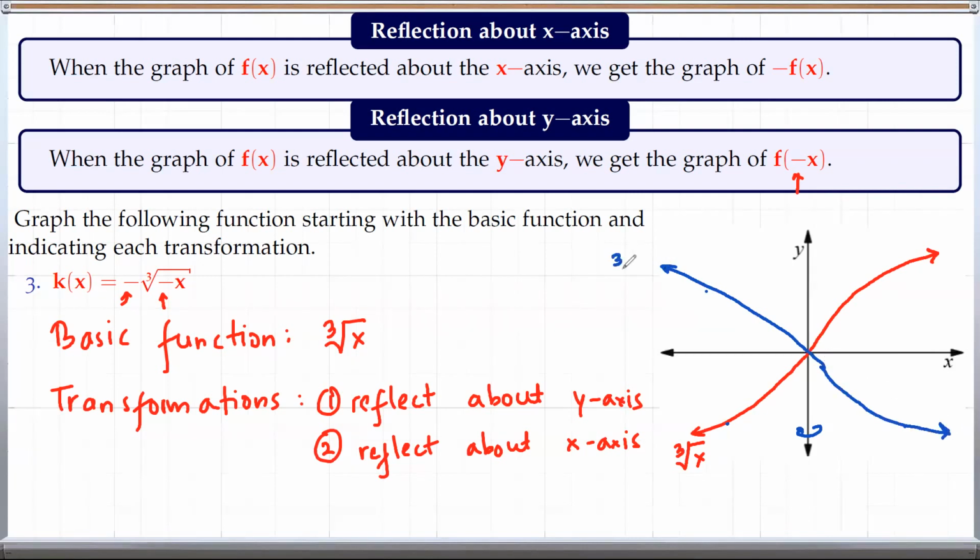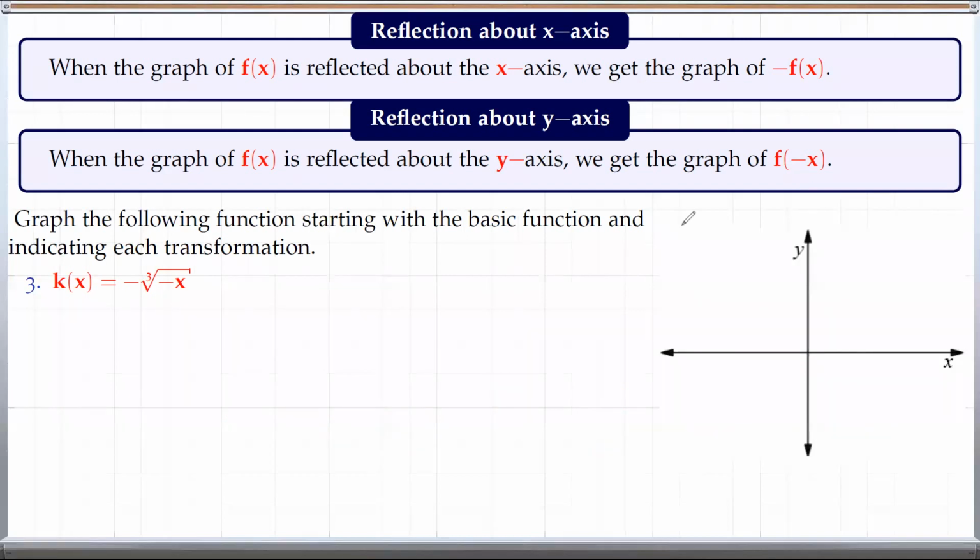So this is the graph of cubic root of negative x. And the last step is to reflect about x-axis. So take this blue graph and reflect about x-axis. So basically that will then overlap with the graph we already have over here. So this will be the graph of negative cubic root of negative x. We're done with this example.